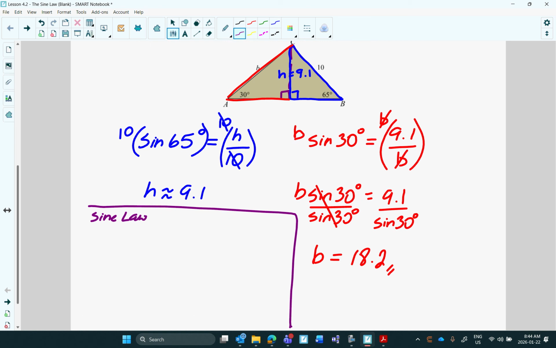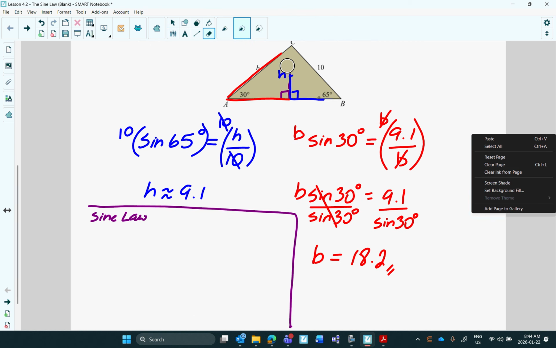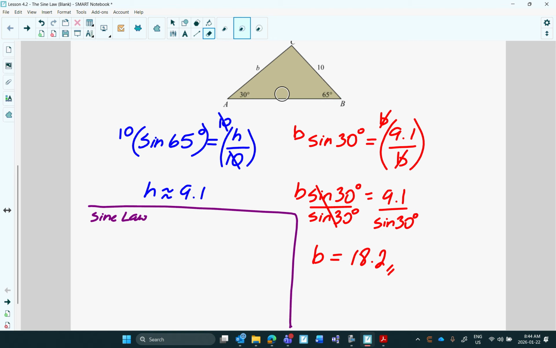First of all, I'm going to erase all this so we can just see the original non-right triangle. You'll notice that in this one, I'm given a side and its angle opposite. Therefore, I can use the sine law formula.